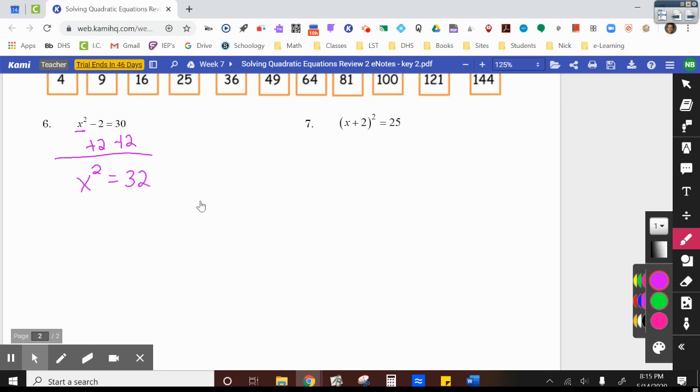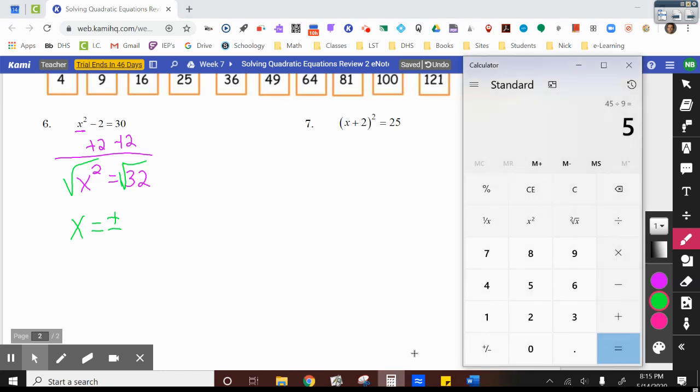All right, now that it's isolated, my quadratic term is isolated. Now I'm ready to take the square root of both sides. All right, so we get x on the left equals plus or minus. Well, the square root of 32 is not a perfect square. So I have to find the largest one that's a factor of 32. All right, so we take 32, and I'm going to divide down the line.